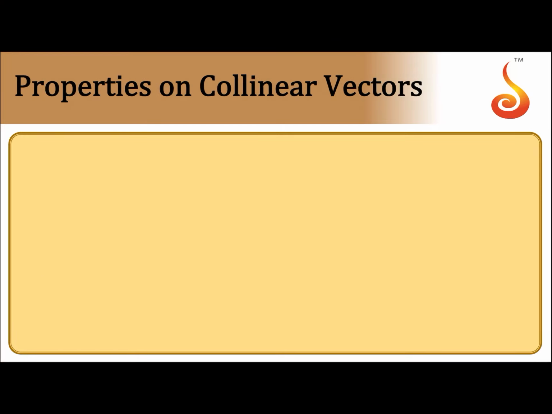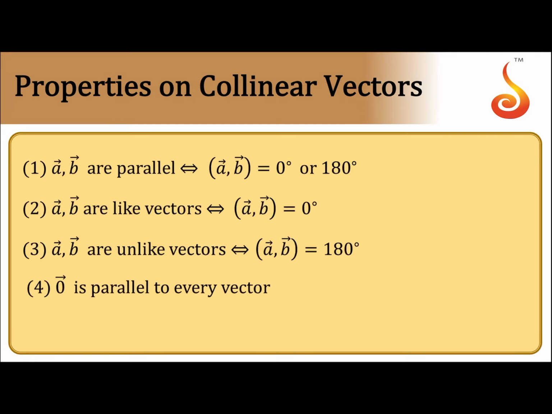Right? Let's see properties of collinear vectors. If A comma B are parallel vectors, the angle between them must be either 0 or 180 degrees. Two collinear vectors in the same direction have an angle equal to 0. But two collinear vectors opposite in direction have an angle between them equal to 180 degrees.